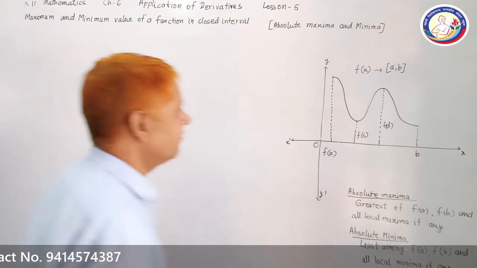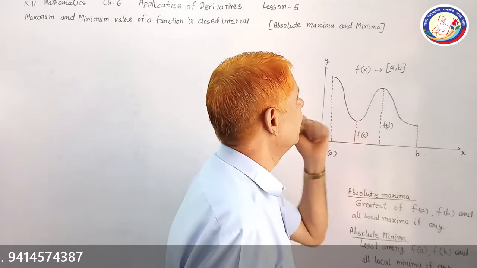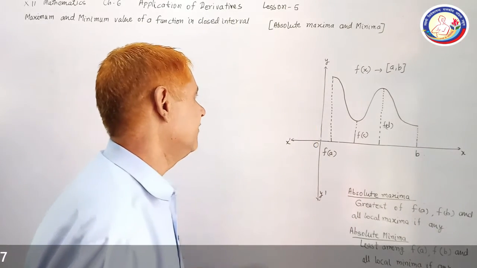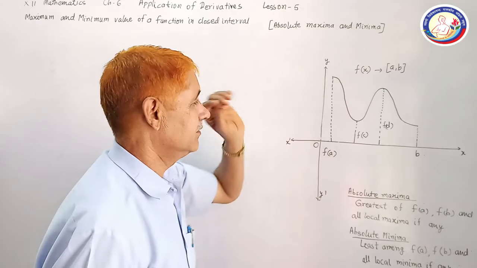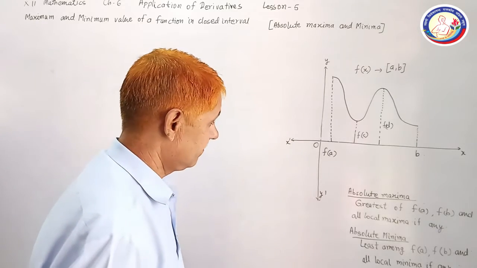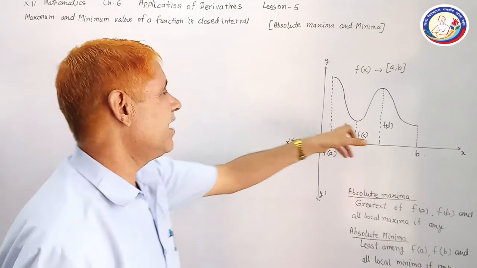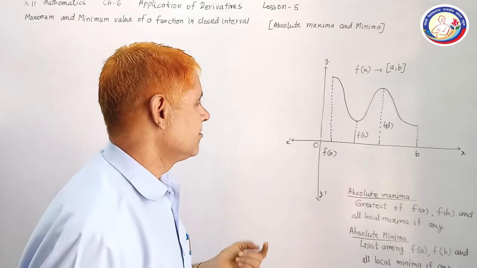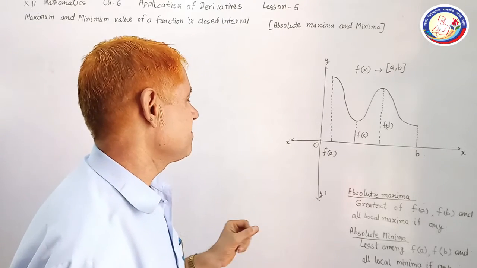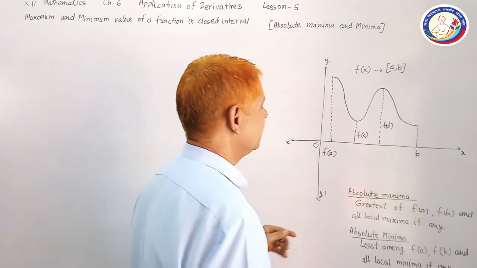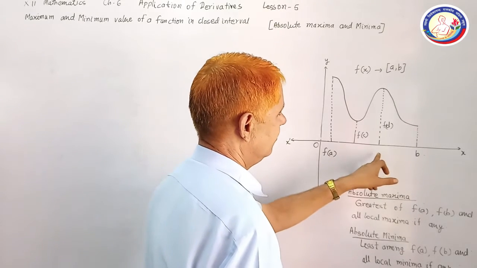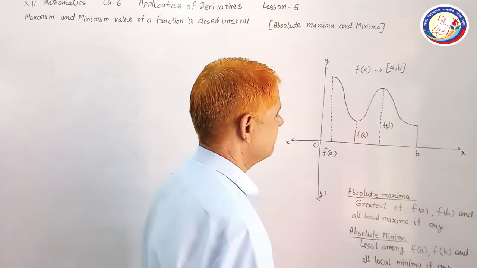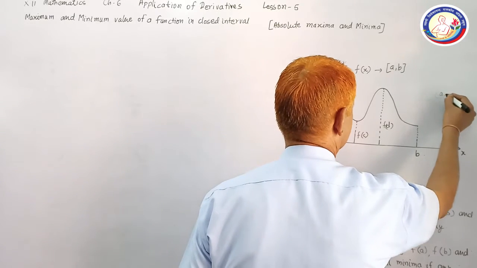If there is a closed interval AB and a function f is given, its graph is like this. There may be points of maximum or minimum value in the interval AB.